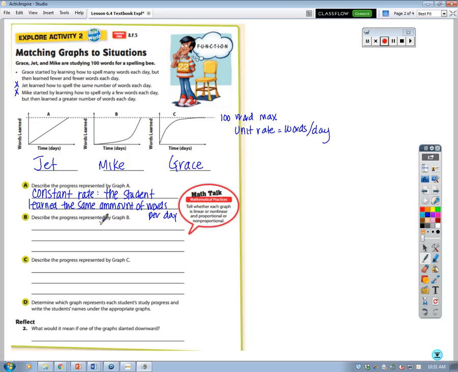B, describe the progress represented by graph B. So if we look at it, we have very few words learned per day and then many words learned per day. So it starts with a shallow curve that becomes steeper over time.